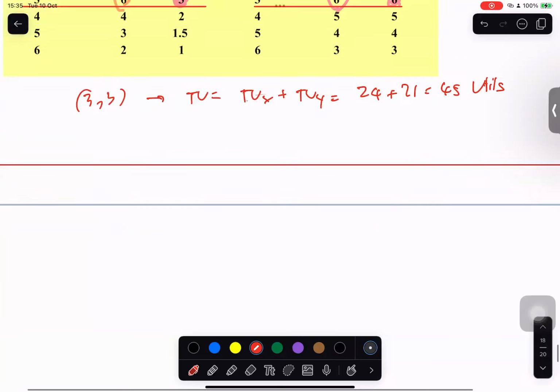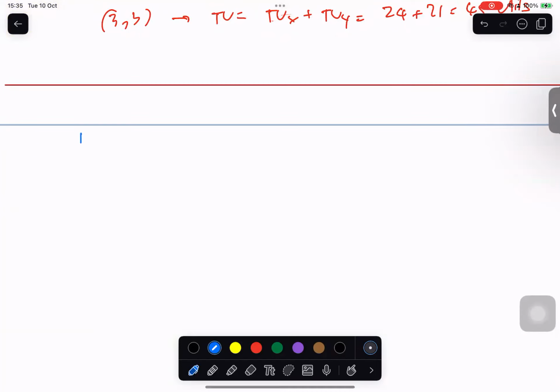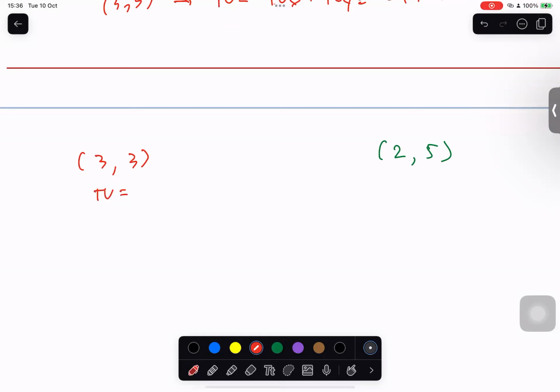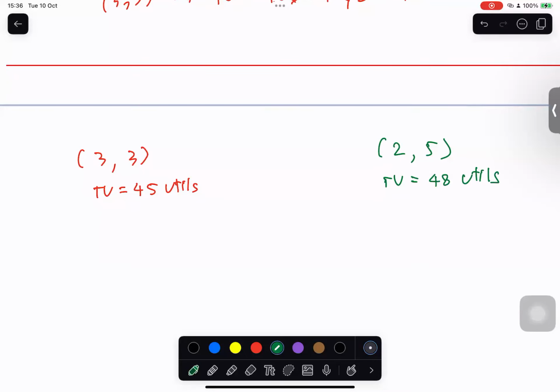What shall we do then? Let's see. Okay, let's say he is stuck with this stupid choice, 3, giving only 45.